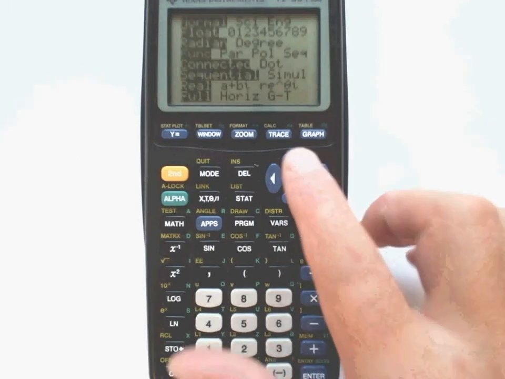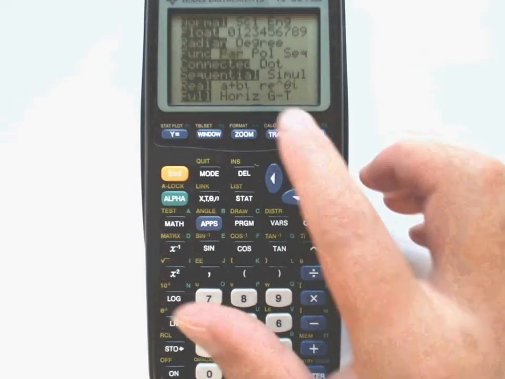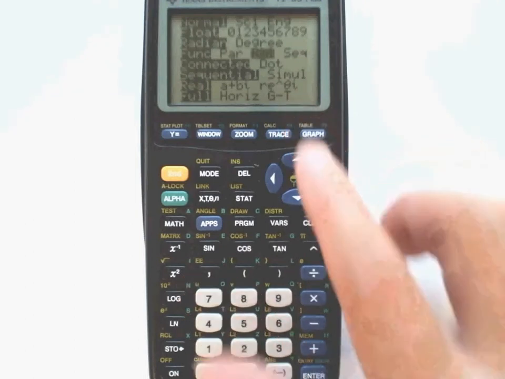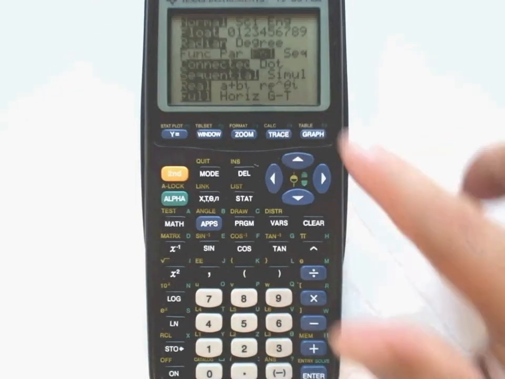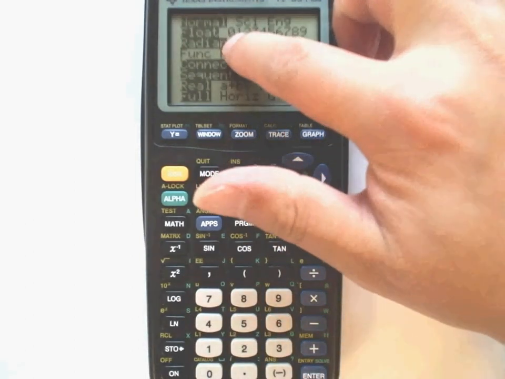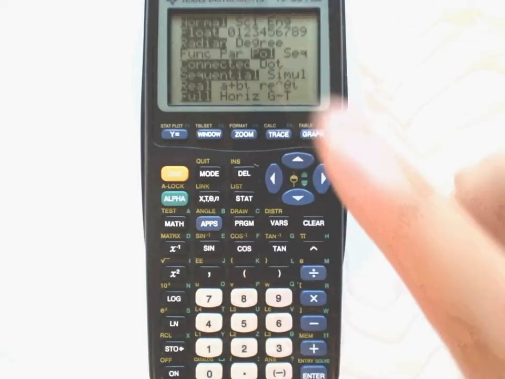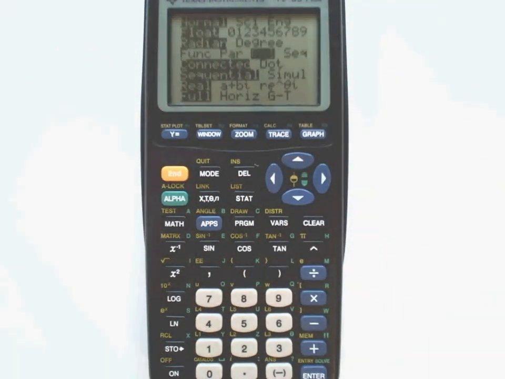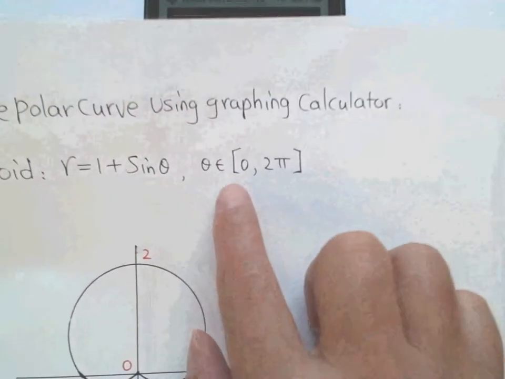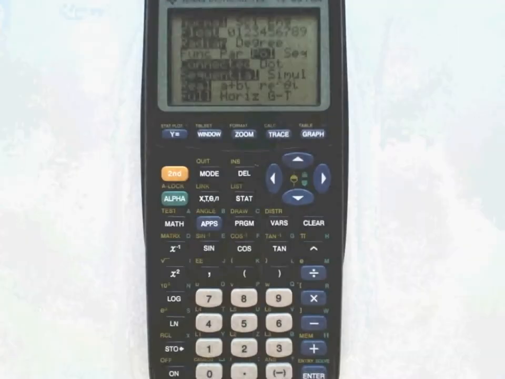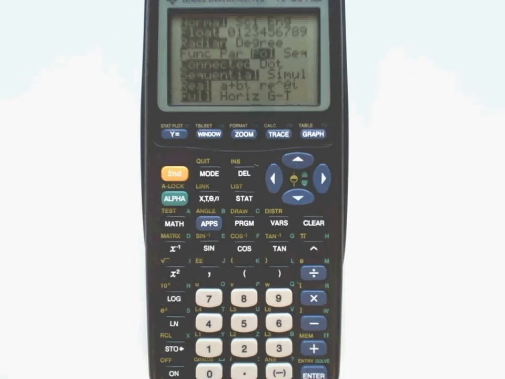Go down: so far it is function, this is parametric, this is polar. Set up this. And for the angle, we use radian. Usually in the polar system, we use radian, not degree. In this question, definitely we use radian, and theta belongs to 0 to 2 pi.